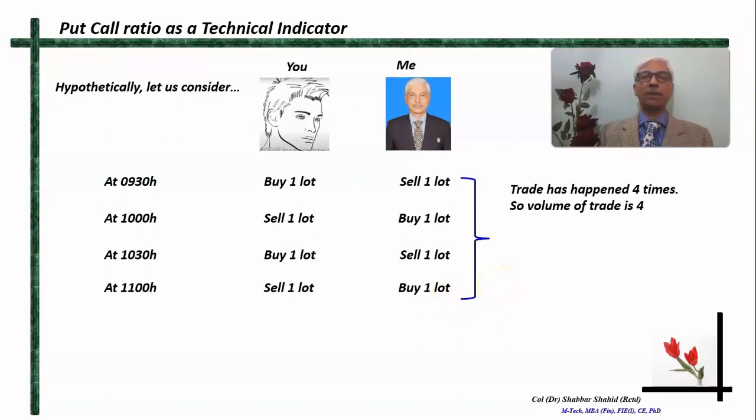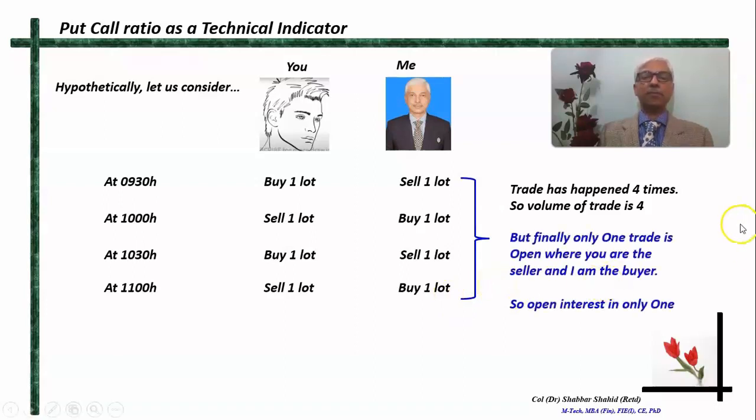4 trades have happened. But in reality, finally only one trade is open, this last one, where you are the seller and I am the buyer. So open interest, the number of open trades at this point of time, is only one. All these three have been extinguished. They are closed. Got the point?